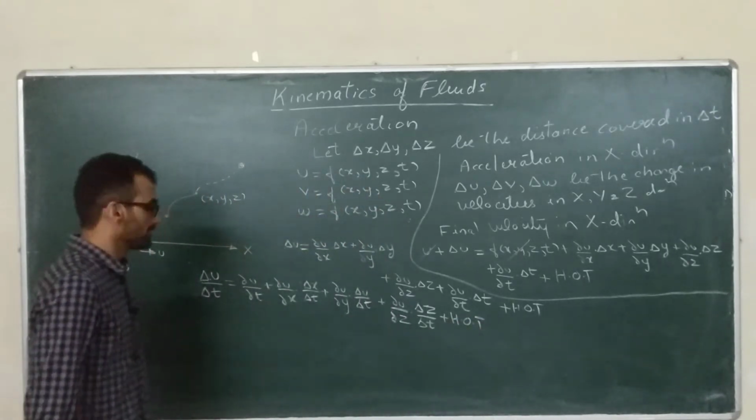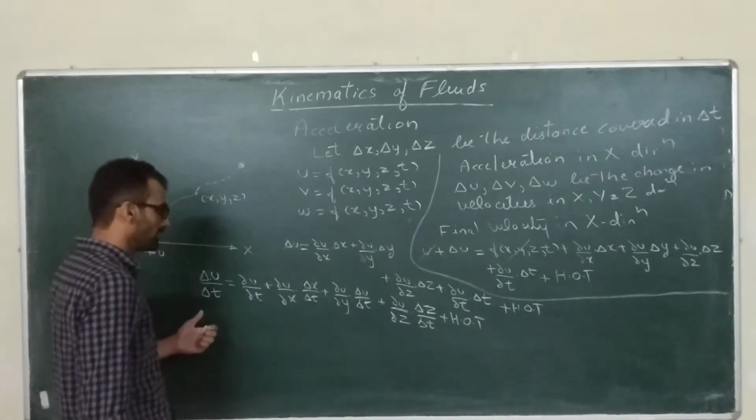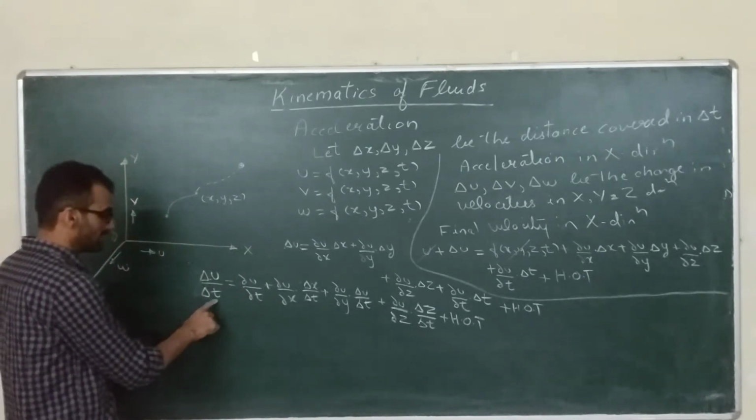Okay, so now we can take the limit of delta t tends to 0.